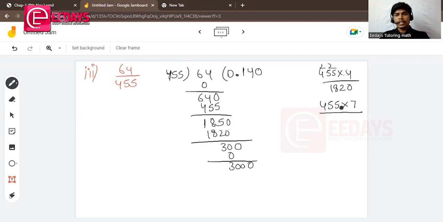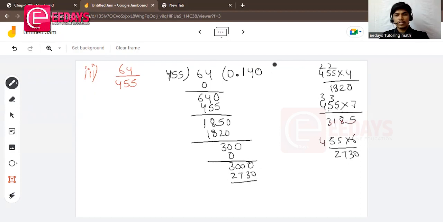Let's try with 28. It is increasing, right? So that's why I'm taking 6. 455 into 6, so we'll get 2730.